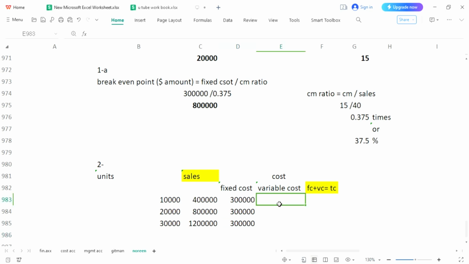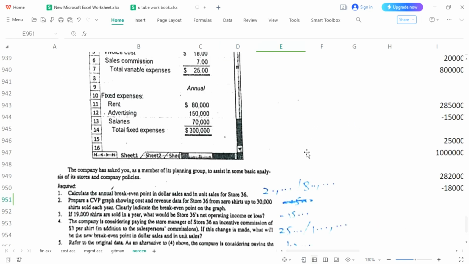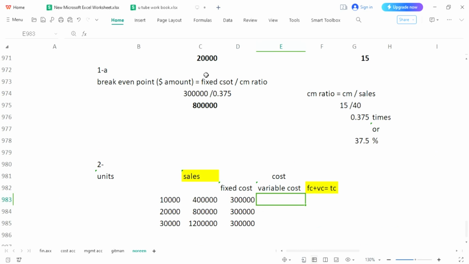Then variable cost is also mentioned in our question. You can see over here, total variable expenses are 25. So come over here, the number of units you can see is 10,000 and the variable cost we have just seen is 25.